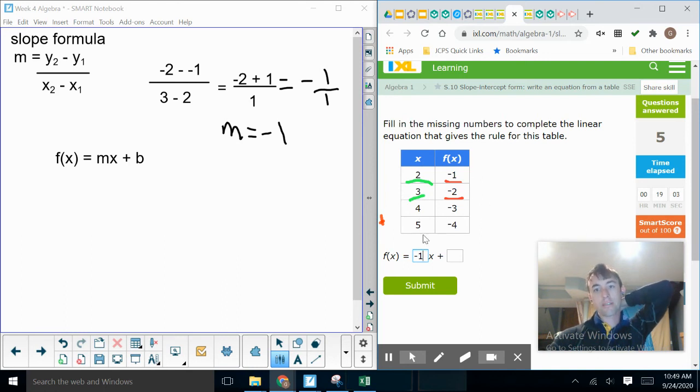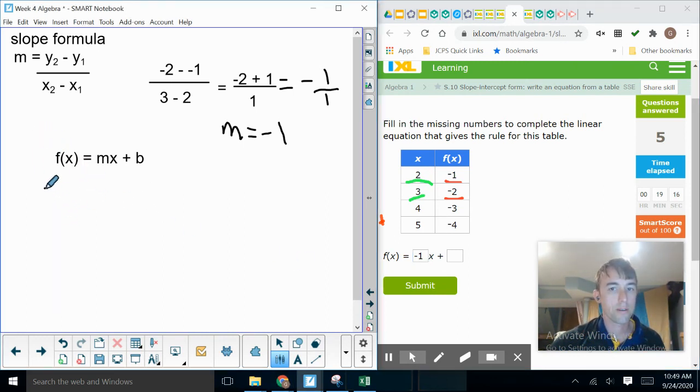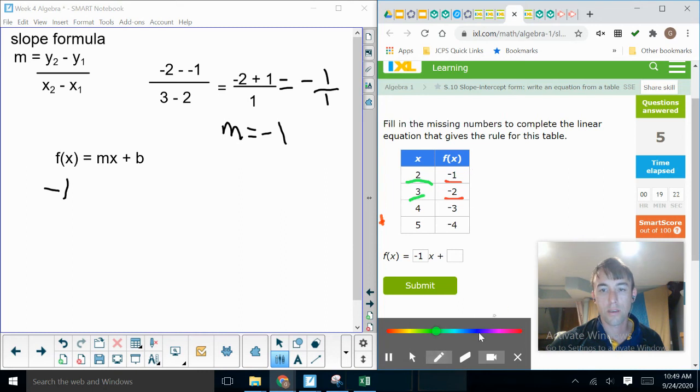So if x is negative 1, if m is negative 1, negative 1 times 2 is negative 2. Let's write this out in our function. f of x, we want our answer to be negative 1. So f of x is negative 1. I'm using these values for my x and f of x.